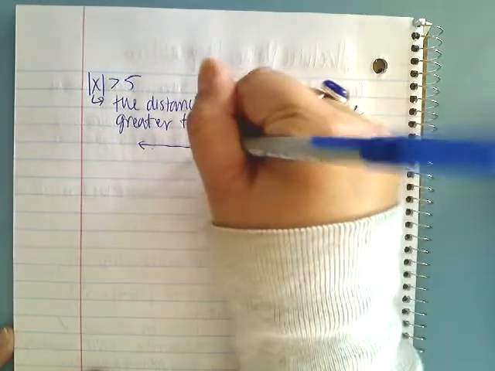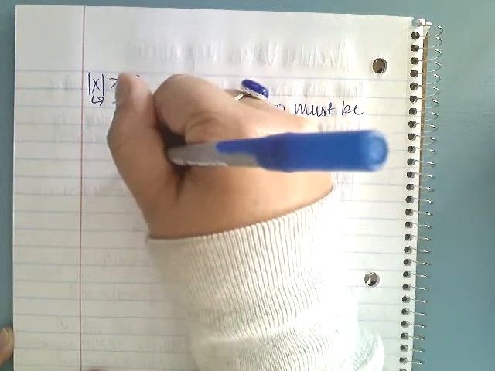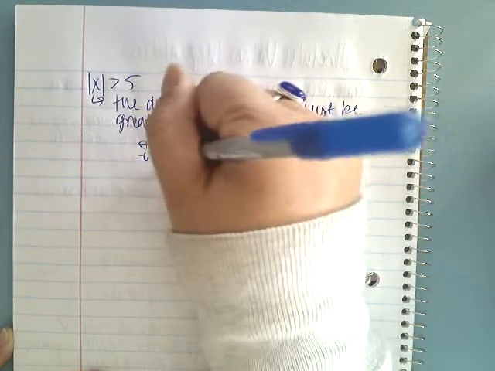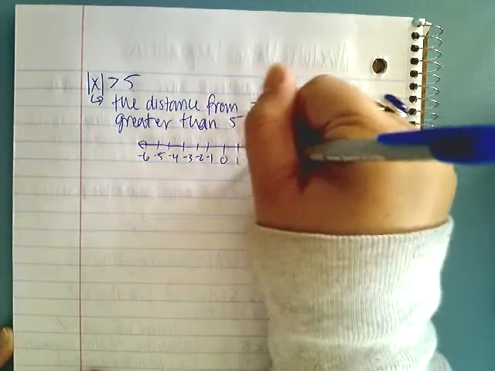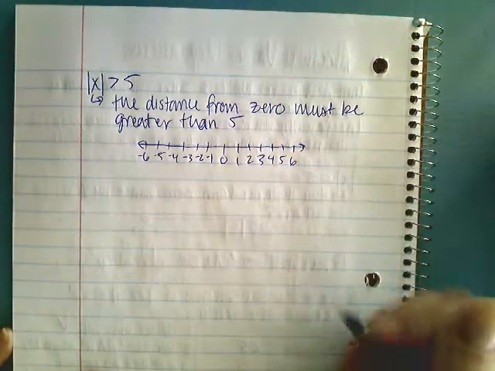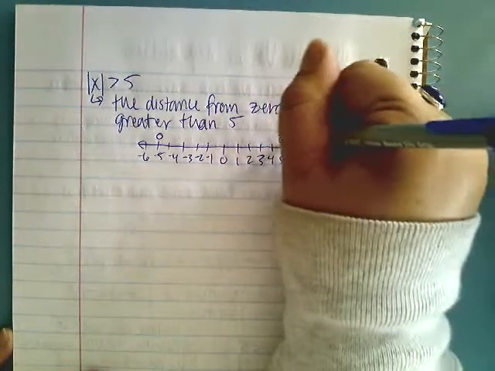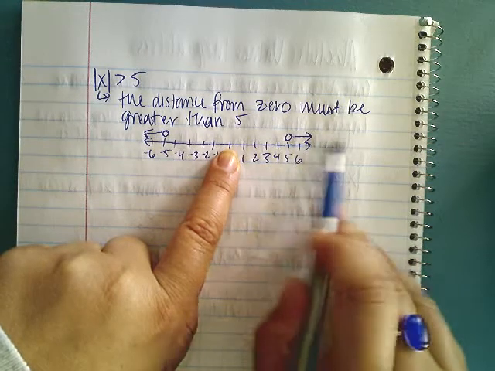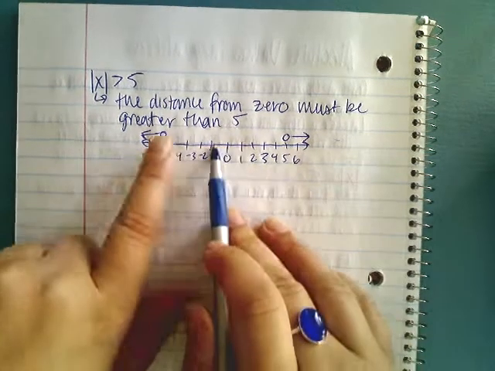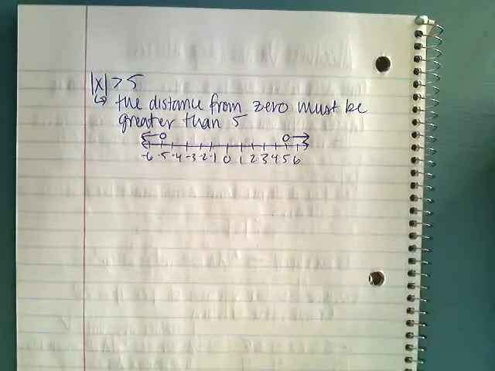We have 0 in the middle, 1, 2, 3, 4, 5, and do an extra 6. Here, since the distance has to be greater than 5, I know my circles are going to be at -5 and 5, but they're going to go away from, because the distance needs to be more. So our answers need to be farther away than those starting points.